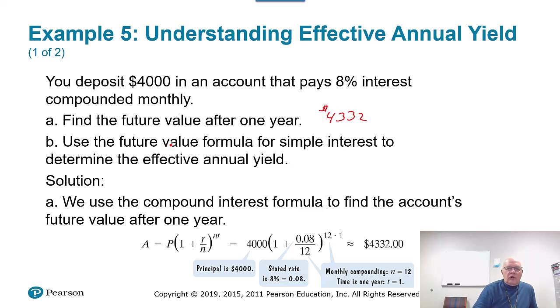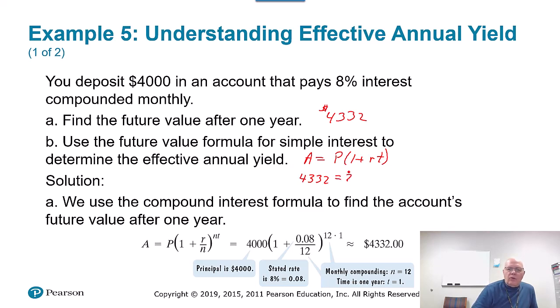Now, what we're going to do is put in the simple interest formula. Remember what that was? There's the simple interest formula. You have $4,332.